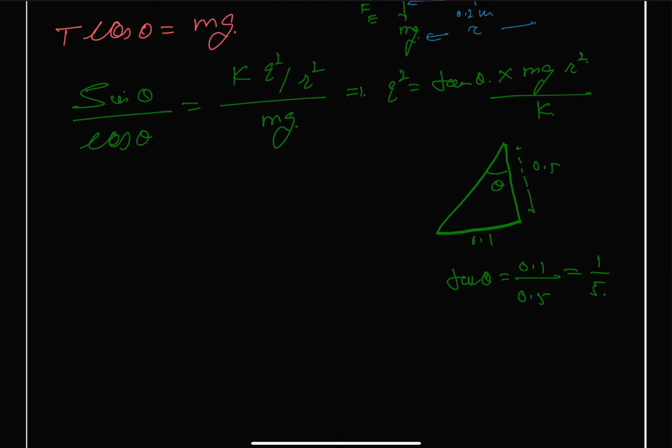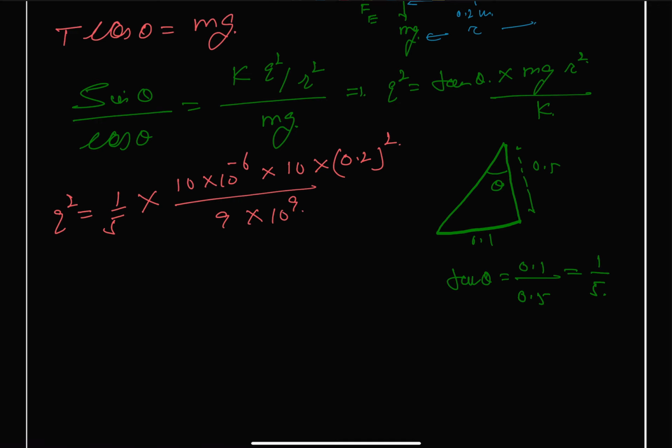So we can easily find out our Q now. We substitute values, and we get Q square equal to 1 by 5 multiplied by the mass, which is 10 into 10 to the power minus 6, g is 10, distance is 0.2 whole square, and K is 9 into 10 to the power 9.